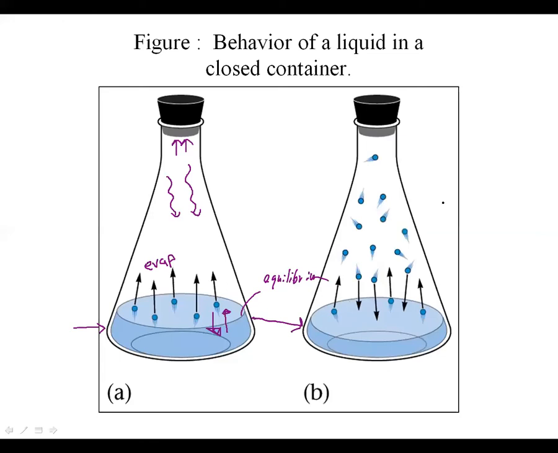The vapor pressure in this mixture will be caused by all these gas molecules above the liquid causing pressure. So if you have a greater amount of gas molecules above the liquid, you would have a higher vapor pressure. If you have fewer gas molecules above the liquid part, you would have a lower vapor pressure.